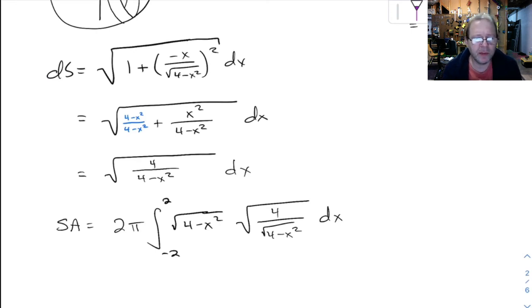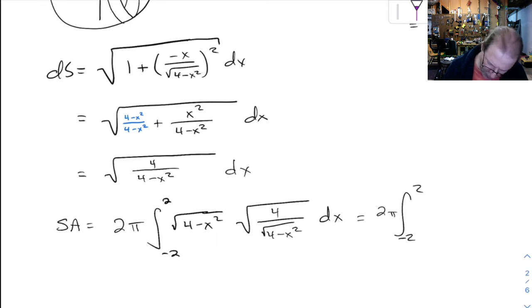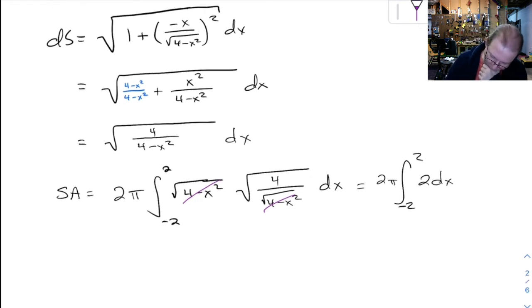Now, this looks ugly, but nice stuff happens here. You've got 2 pi from minus 2 to 2. Basically, this and this cancel with each other, and we're just left with square root of 4, which of course is 2. So this integral turns into something that's actually really simple to do. Let's pull that 2 out front.